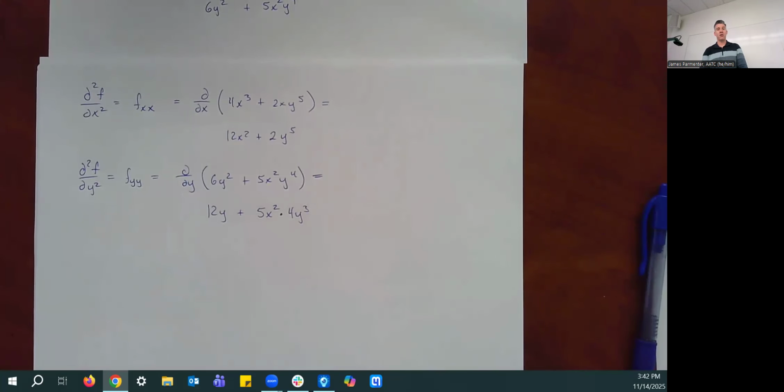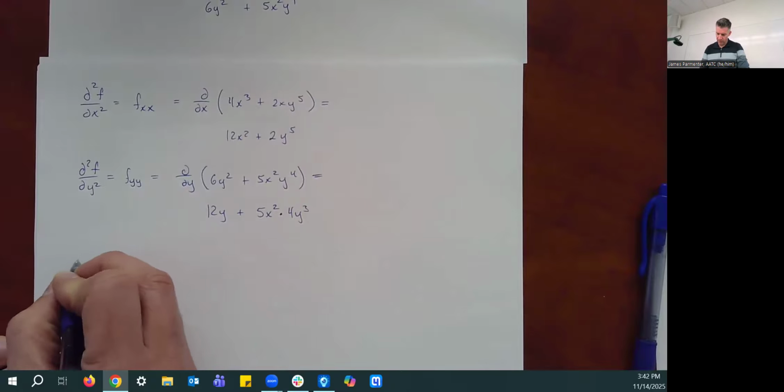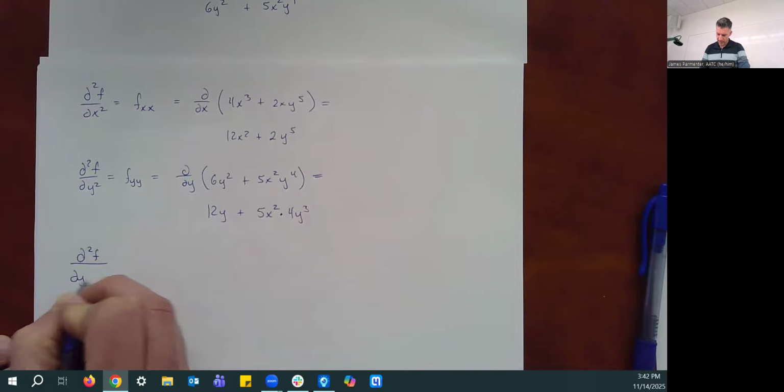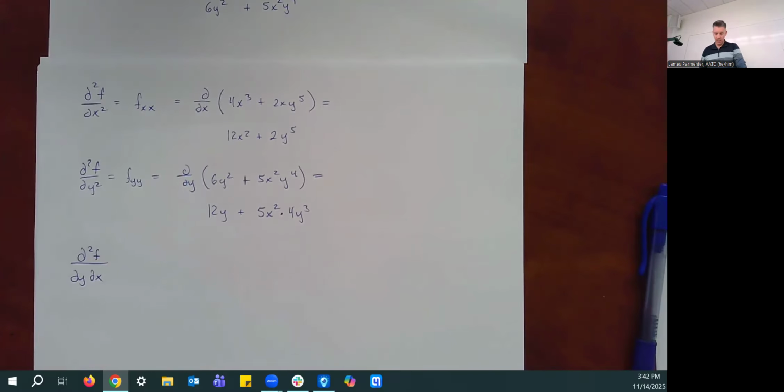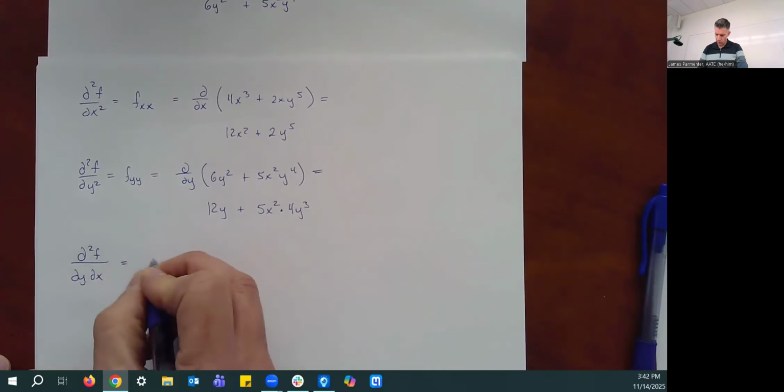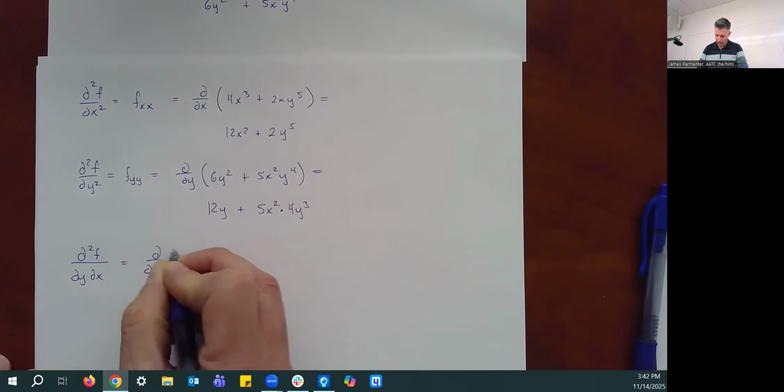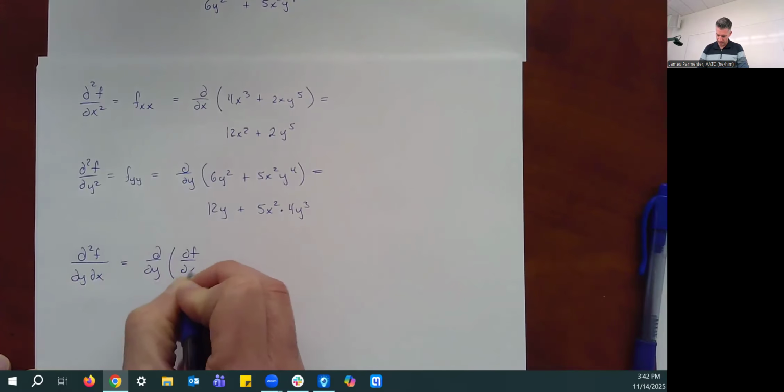All right, so if someone asks for all the first and second partials, we found all the first partials, but there is another second partial. There's actually two more, the mixed partial derivatives. And I've got some bad news notationally. So del squared f del y del x means you do the derivative with respect to y of the derivative of f with respect to x.